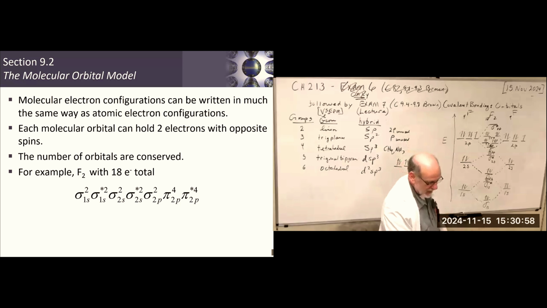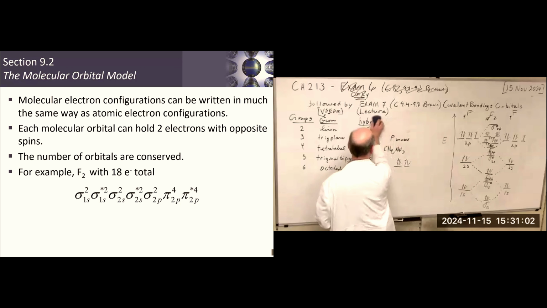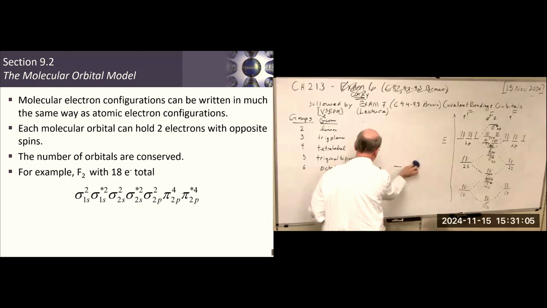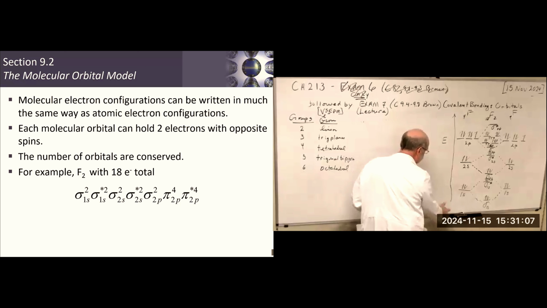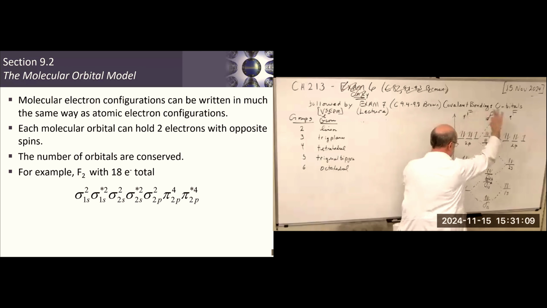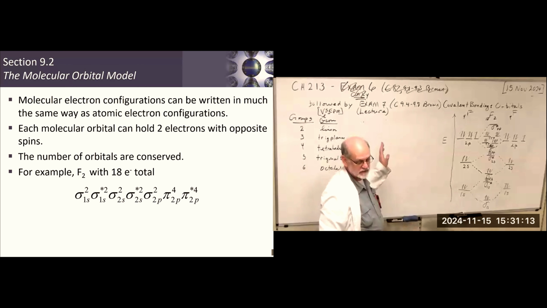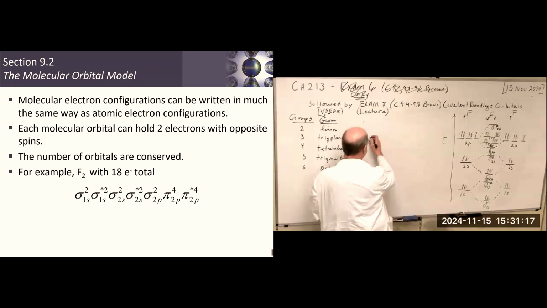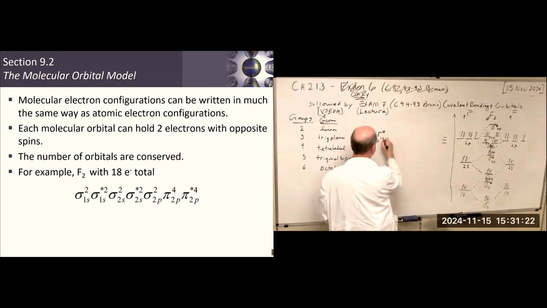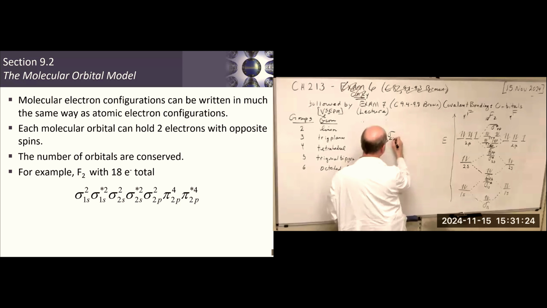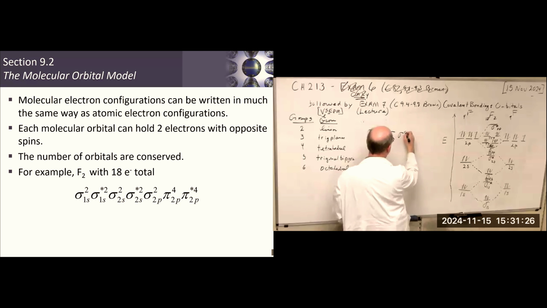All right. Now, the shorthand version, I'm going to have to erase some of this, simply takes these orbitals and turns them 90 degrees and puts the lowest on the left, just like we did for electronic structures for atoms. So that means we would have a sigma 1s, a sigma star 1s, a sigma 2s, and a sigma star 2s.